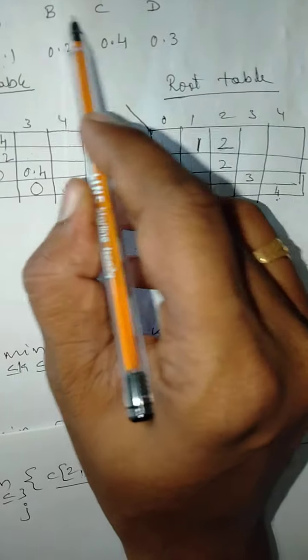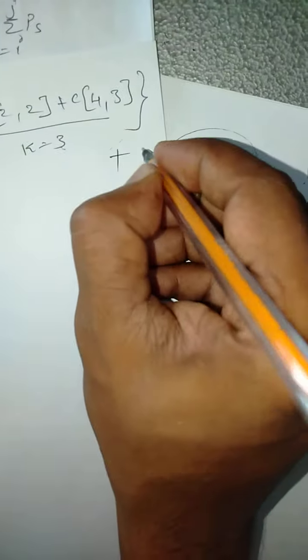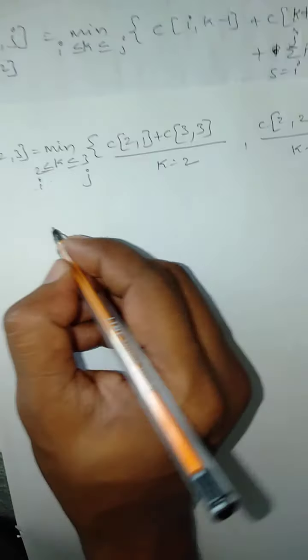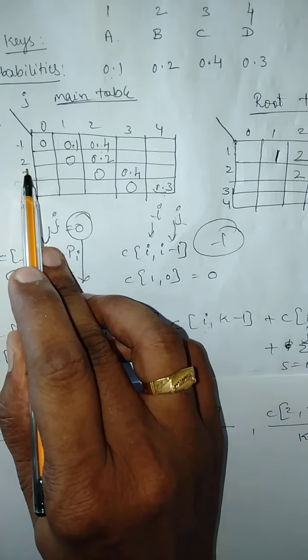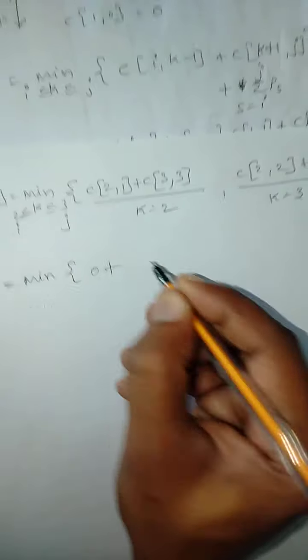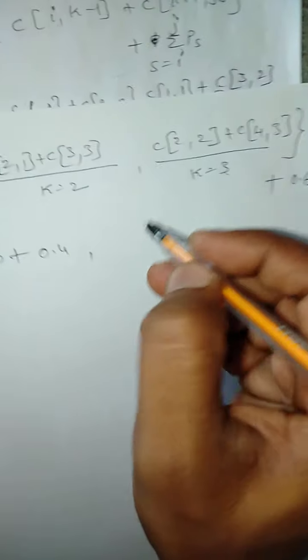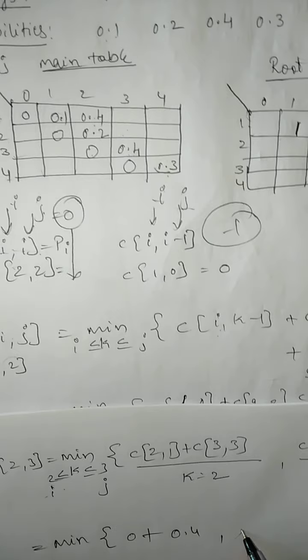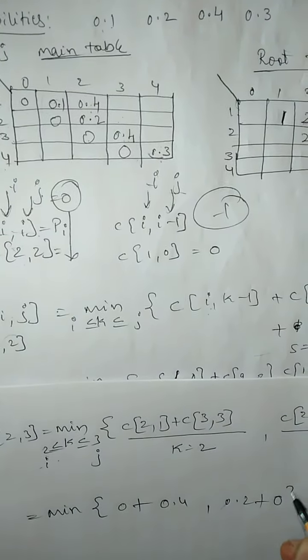So 2 and 3, what is the combined probability? It is 0.2 plus 0.4, 0.6. So minimum of C21, what is C21? Look at the table, it is 0, plus C33, 0.4, comma C22, it is 0.2 plus C43, it is 0.